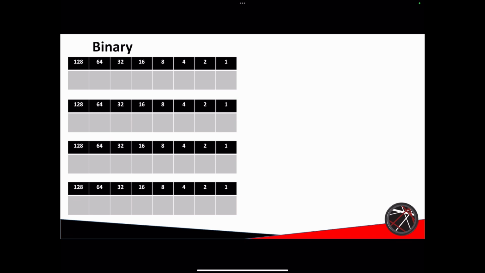And because it's bigger, I therefore will give that a 0. 64 is smaller, so therefore I will turn that one on. And then all we're doing is 65 minus 64, which in this case just equals 1. And therefore I need to turn number 1 on. The rest of them will then be zeros.